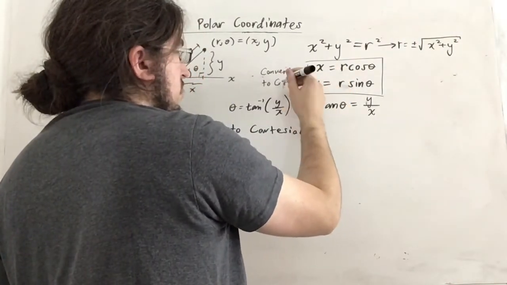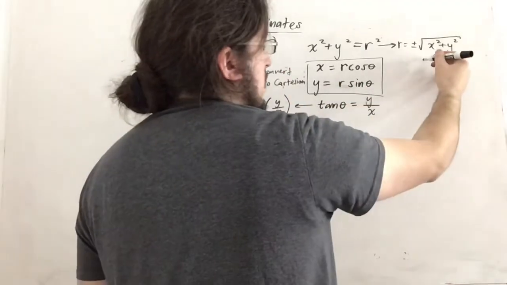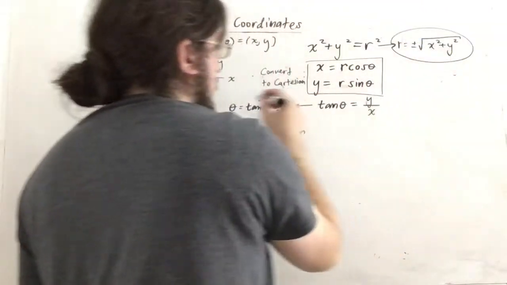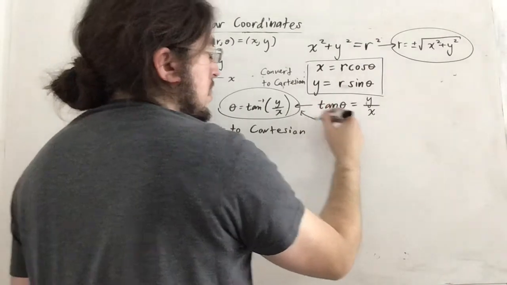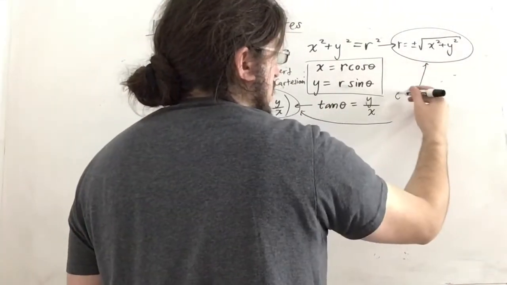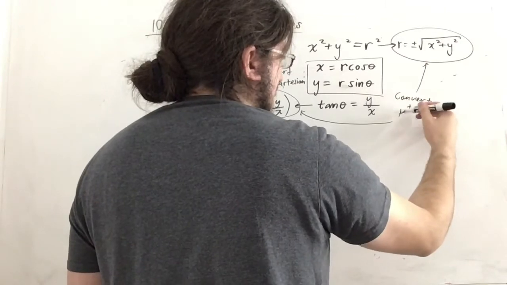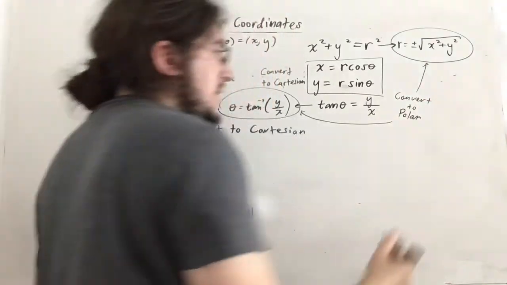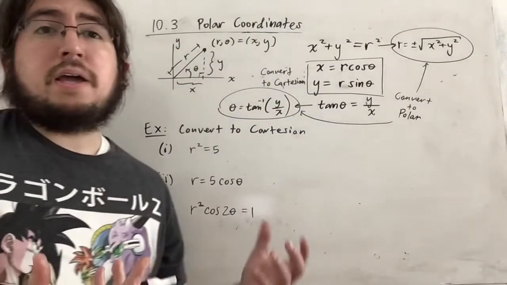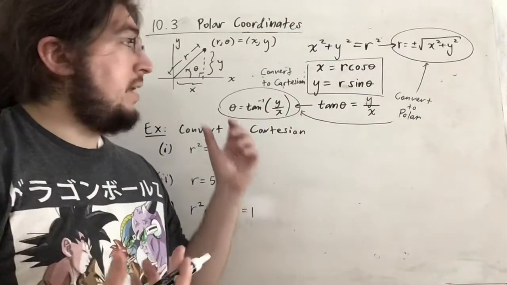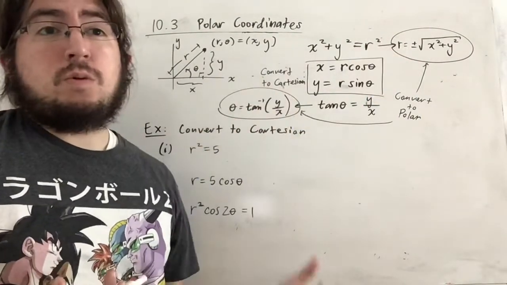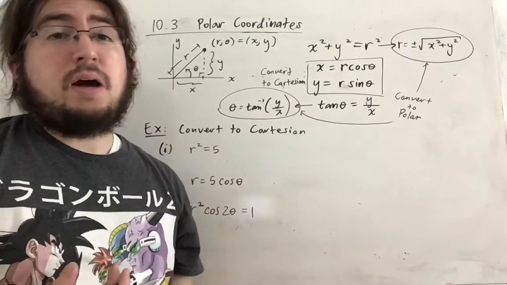But to convert to polar, you would use this one and this one. And I think that makes sense, because if you have an equation in Cartesian, you want to get rid of x and y, and you want to find r and theta. And these two formulas that I have circled will find r and theta given x and y.